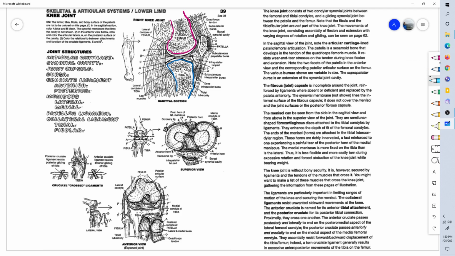First, notice the articular cartilage on the end of the femur. This is a very, very slippery connective tissue, slippery cartilage, on the end of the condyles of the femur and of the tibia. That's the articular cartilage.